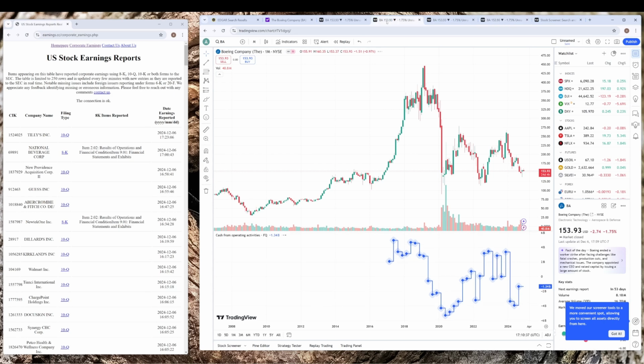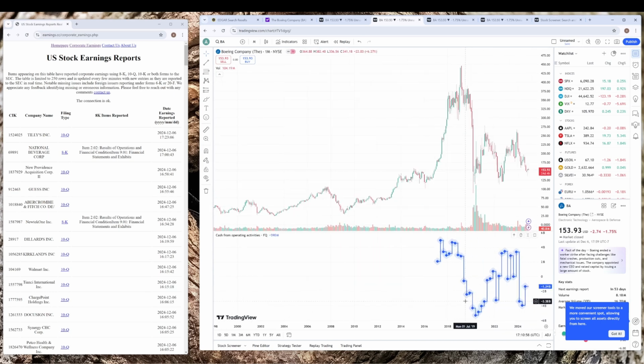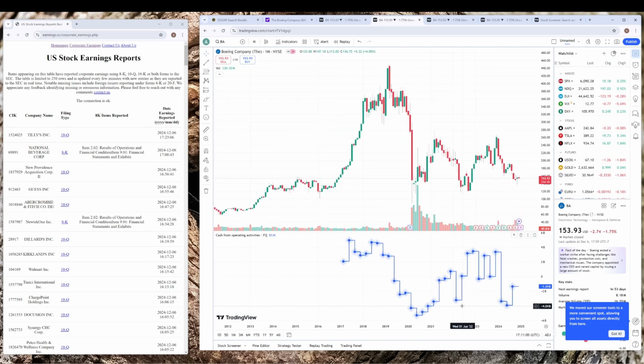Okay, cash from operations here. See, here's the zero. So in general, we also see the negative cash from operations, right? So again, it's mimicking the earnings. So I'm just showing you this so that you can see that it's the same in a company that's struggling. We do have a few positive operating cash flow quarters.